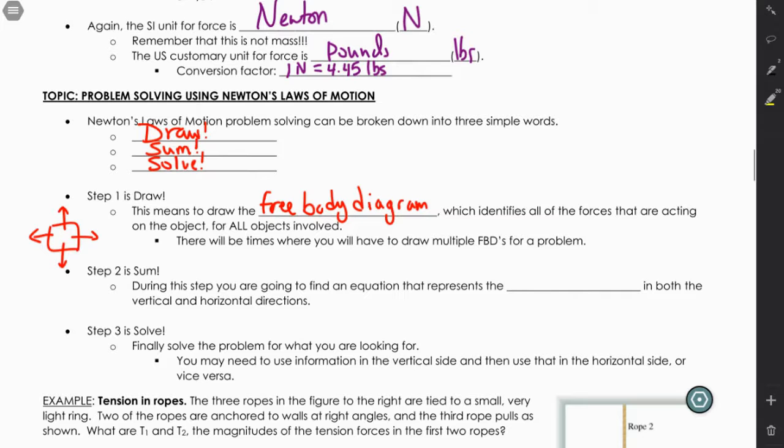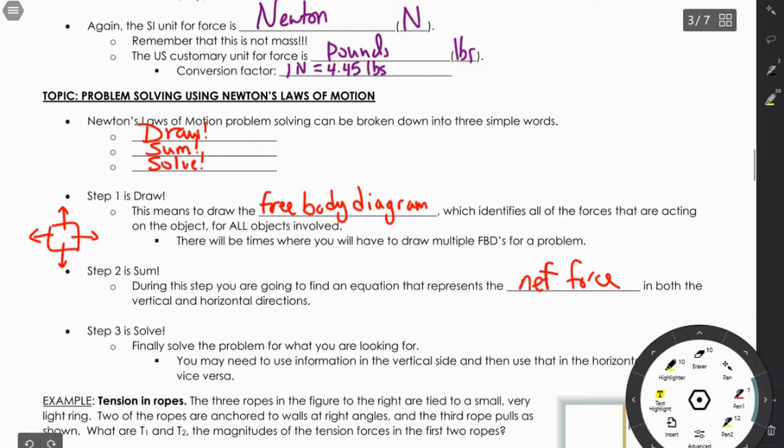During this step, you're going to find an equation that represents the net force. Sorry, that T looks like an F. Okay, so we're going to write an equation, and generally it'll look like Fn minus Fg equals 0.